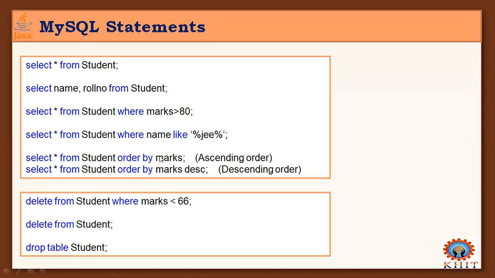In the same way, delete from table where some condition is given, and based on that we are going to delete some rows of information from the student table. We can also delete from student, where every data item entered into the student table will be deleted.